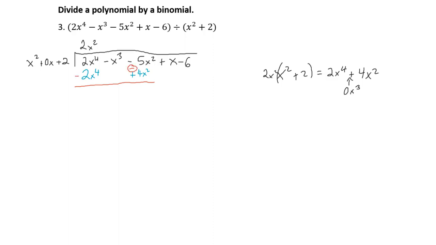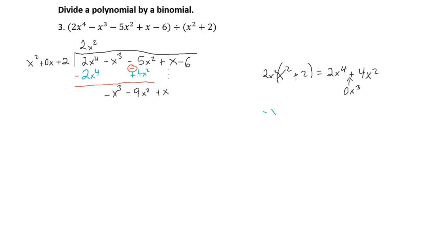Subtract. And I bring down everything. So first term cancels out. I'm going to bring this negative x to the third down. Negative 5 and negative 4 give me negative 9x squared. And I'm also going to bring down this x. So what do I need to multiply to get a negative x to the third?